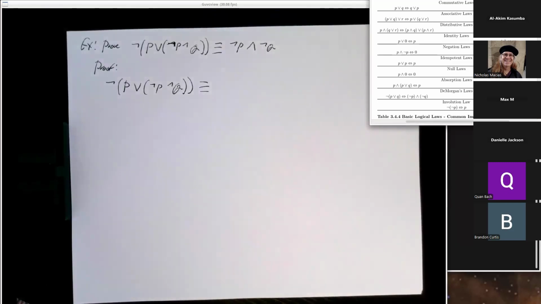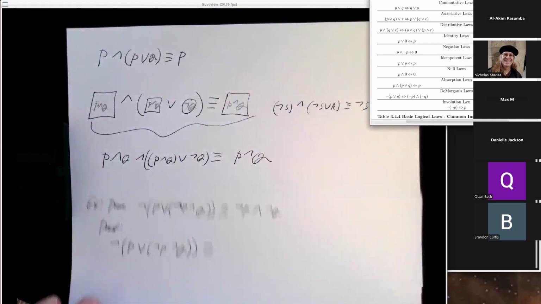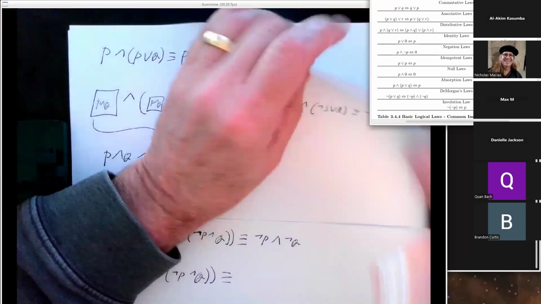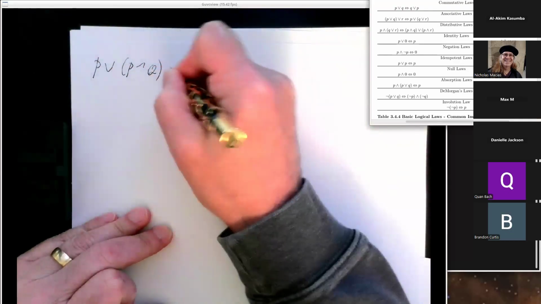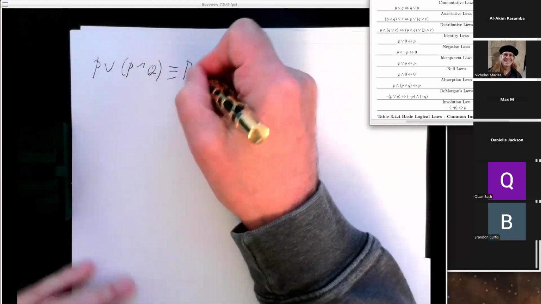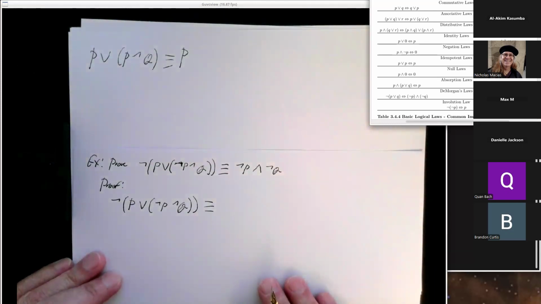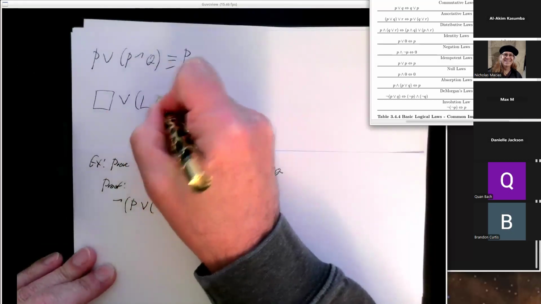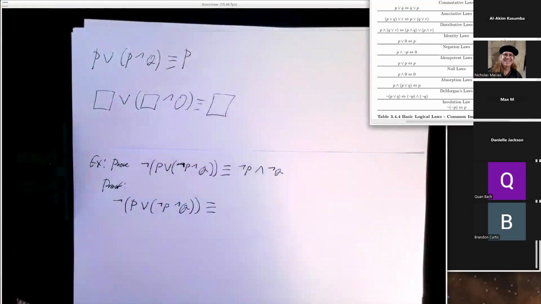P or (P and Q) is equivalent to P. So let's try that. So P or (P and Q) is equivalent to P. So something ORed with the same something and something else is equivalent to that first something.